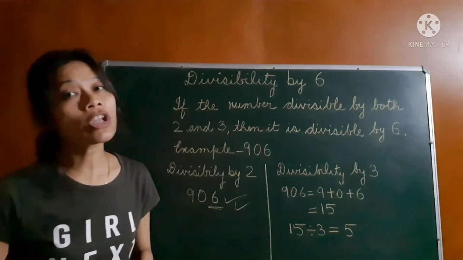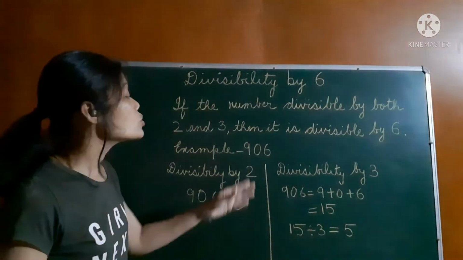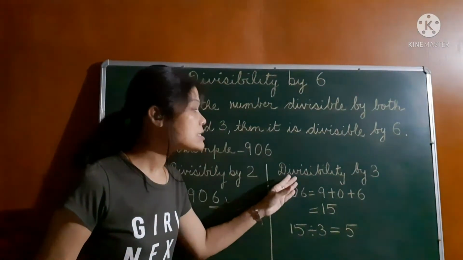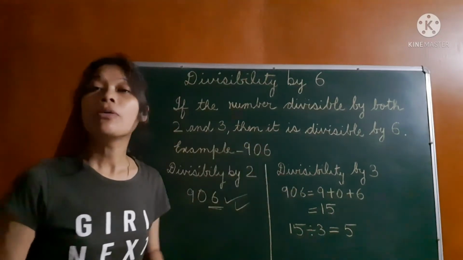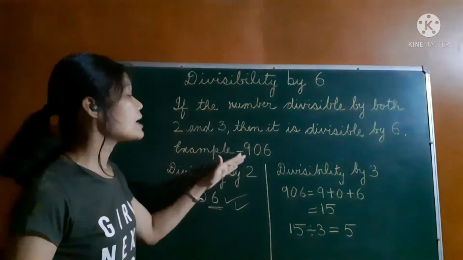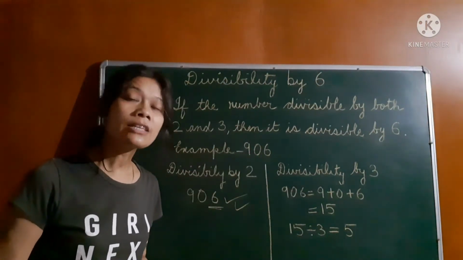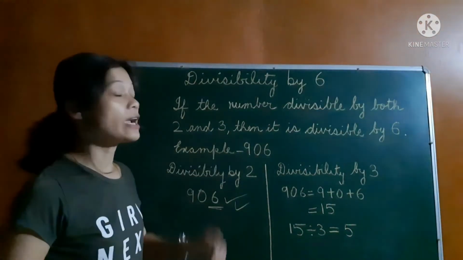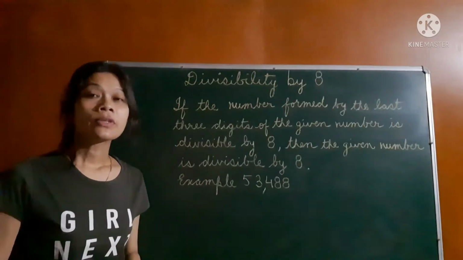As we know, 3 5s are 15, which gives the remainder 0. So 906 is divisible by 2 and 3 both, which gives us the result that 906 will be divisible by 6 also. So 906 is divisible by 6.